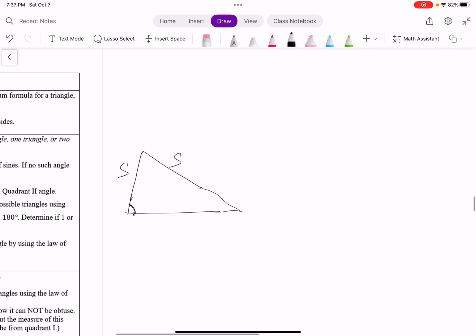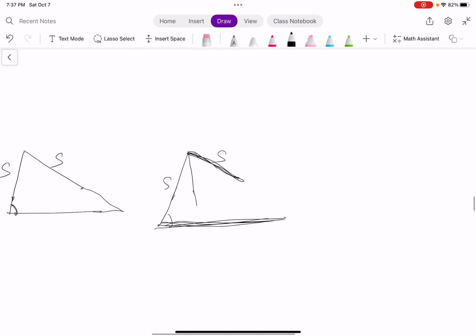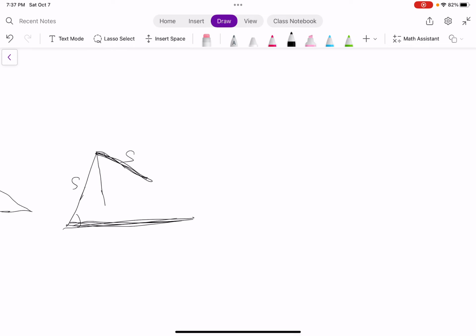Or maybe no triangle exists because this S is so short. So it will not construct a triangle. Even if I move it here, it will have no intercept with the line here.